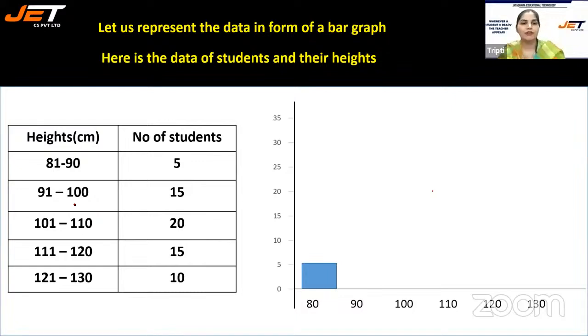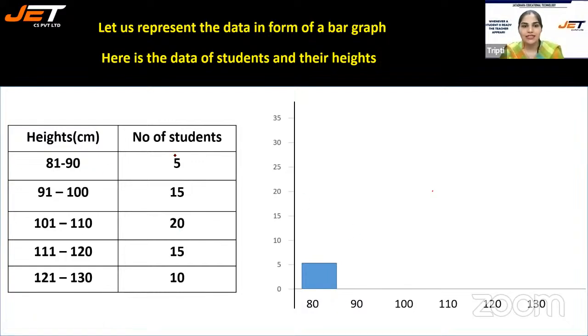And 91 to 100 centimeters, 15 students are there. 101 to 110 centimeters, 20 students are there. 111 to 120 centimeters, 15 students are there. 121 to 130 centimeters, 10 students are there.